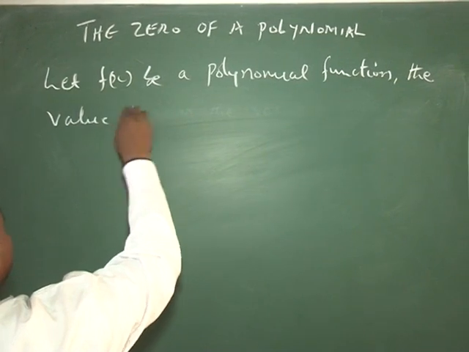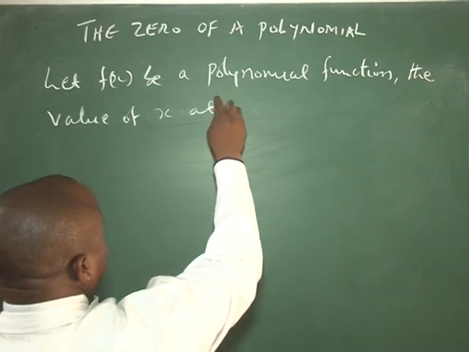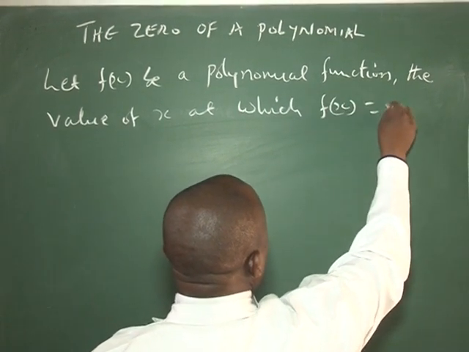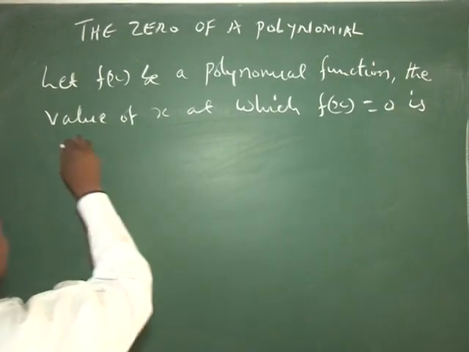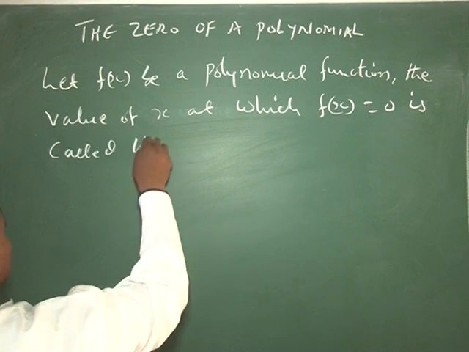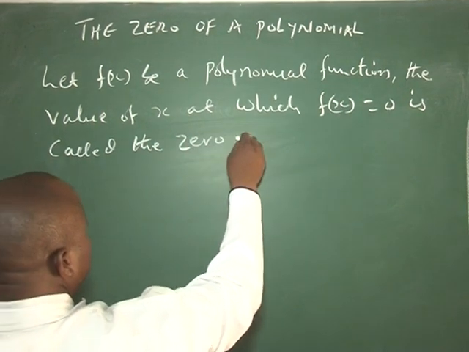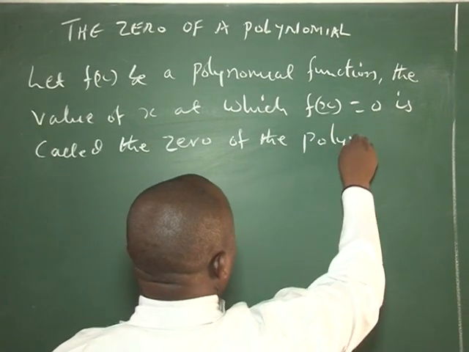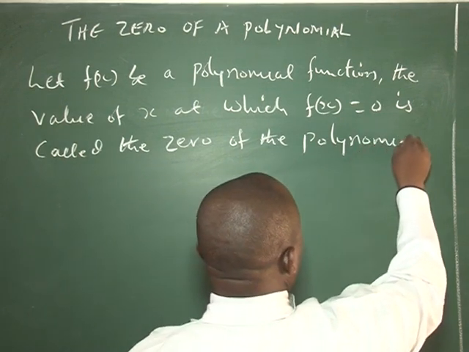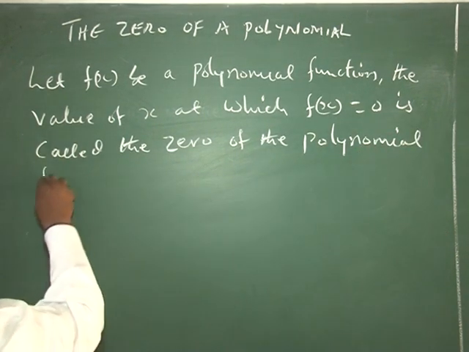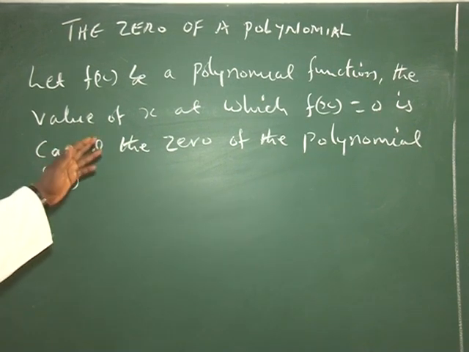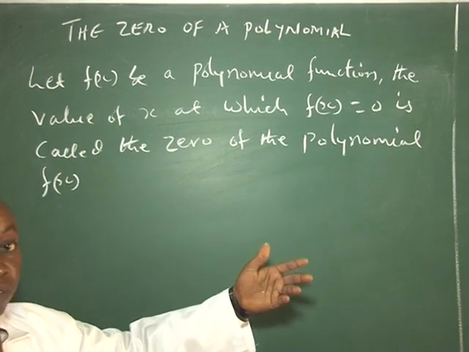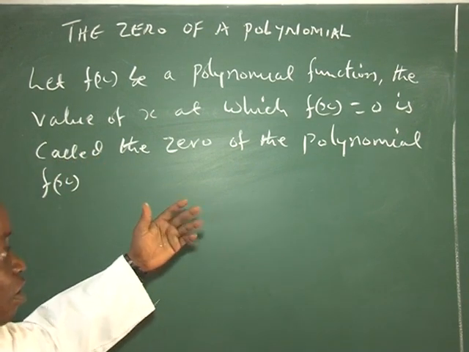The value of x at which f of x equals 0 is called the zero of the polynomial f of x.